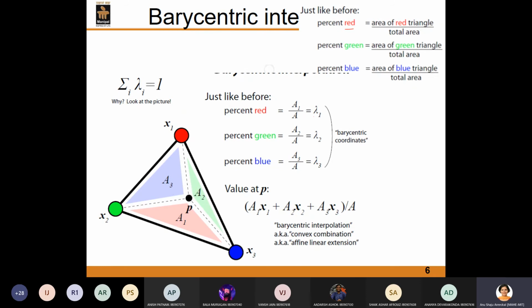This kind of approach is what you call barycentric interpolation. It is also known as convex combination, and also as affine linear extension. These are all different terms used for the same interpolation technique.